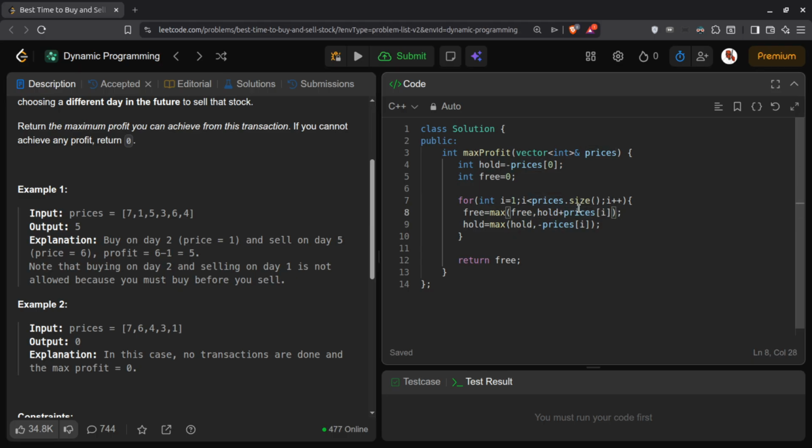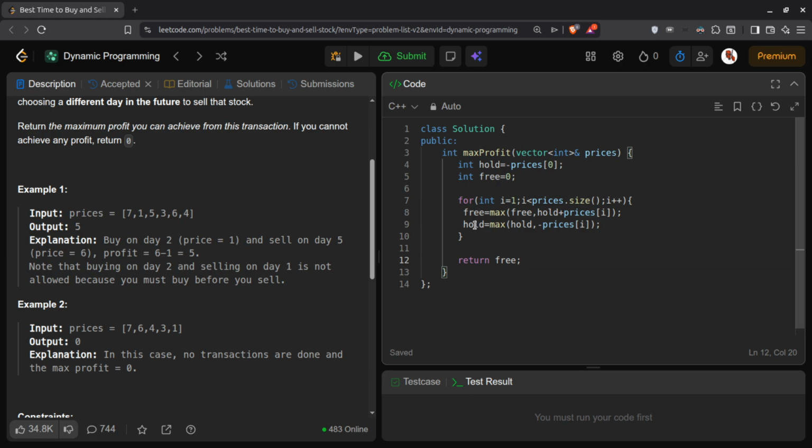There is a mistake I have made, let me explain once again. At index 1, hold is minus 7 and price is 1. 1 plus minus 7 is minus 6. We'll take the max value, free is 0, so free becomes 0.